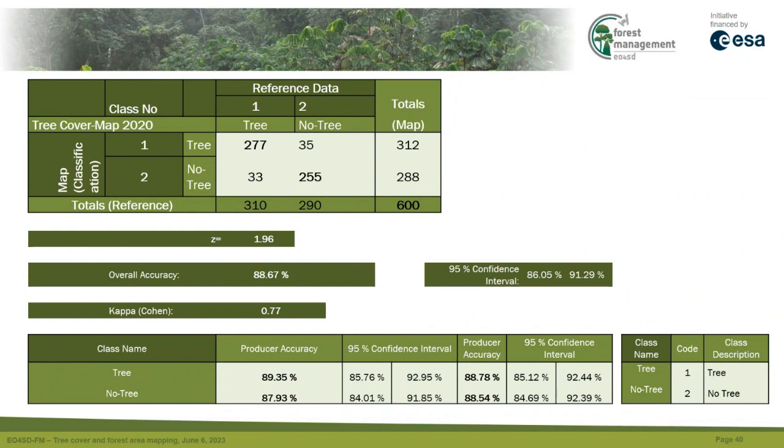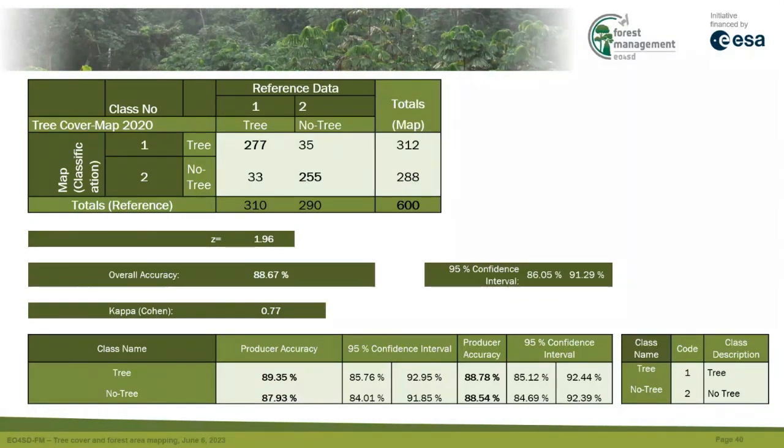So here we have a slide displaying the confusion matrix with reference data in the columns and the classification as the rows. And here we have the mentioned accuracy metrics. So the overall accuracy here is around 89%.